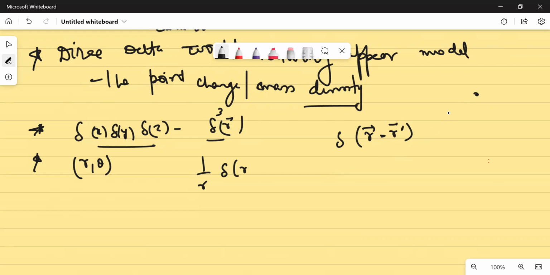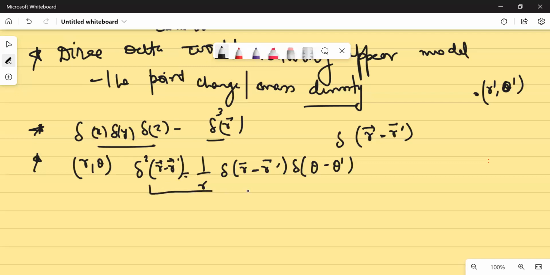Let's say this particular point is r dash, and this is theta dash. Then it will be 1 over r, Dirac of r minus r dash, Dirac of theta minus theta dash. This is if I'm writing in 2 dimensions. Is that clear to you?